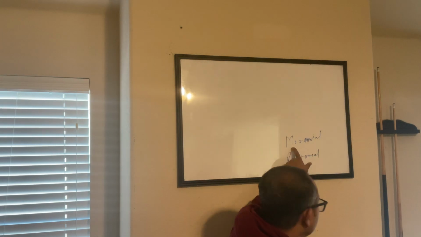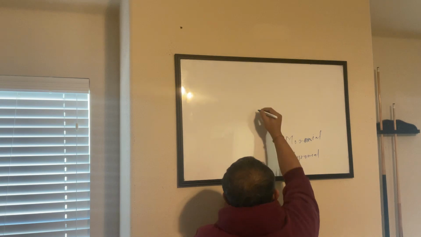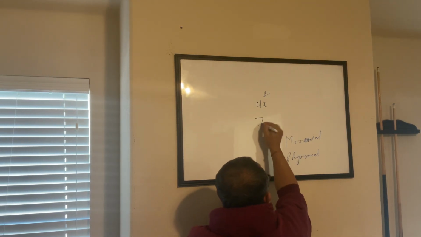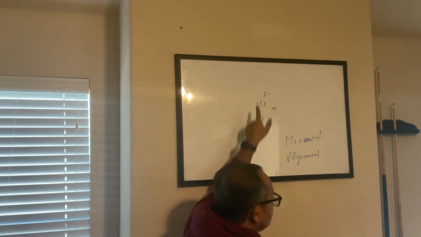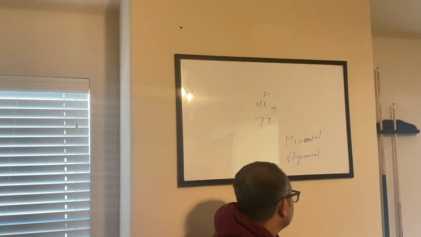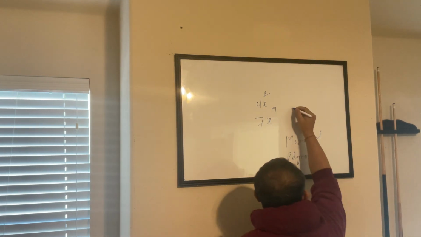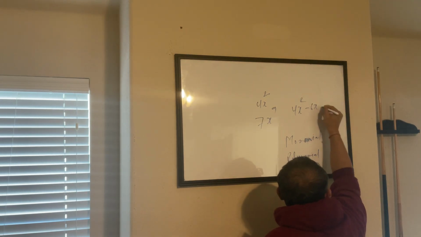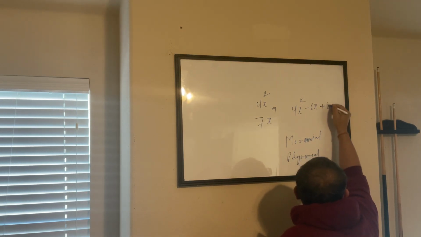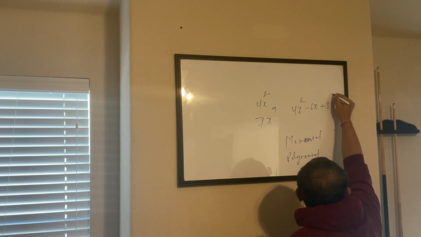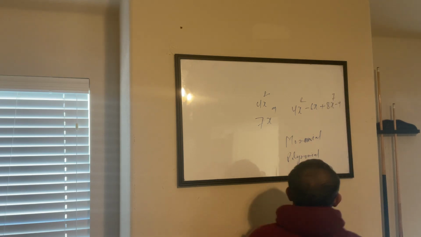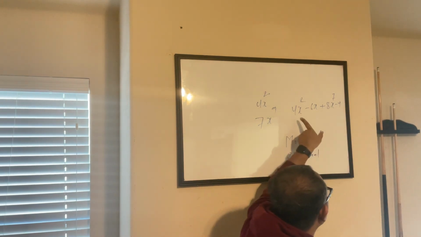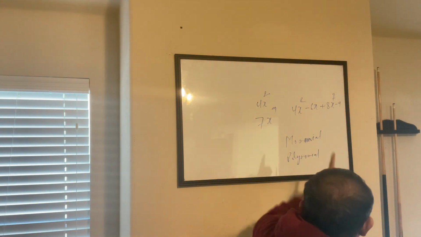Mono is for one, poly is for many. So if you see something like 4x squared or 7x to the power 9, these are monomial expressions. If you add 4x squared minus 6x plus 8x to the power 7 minus 4, this is a polynomial because you have multiple terms. Now let's double click on these.